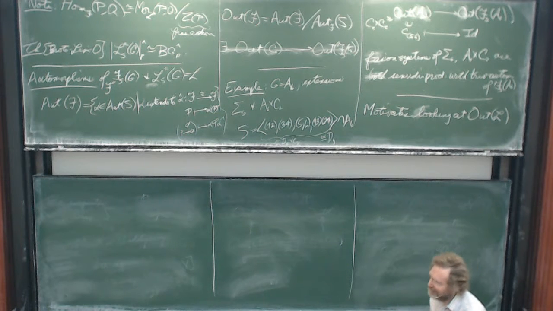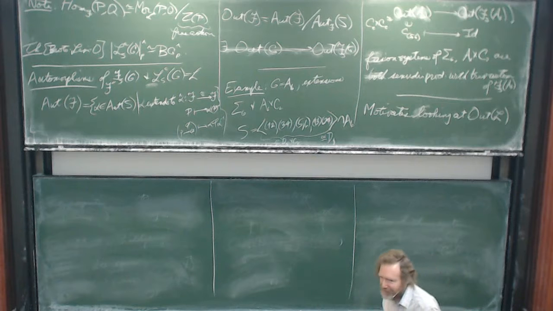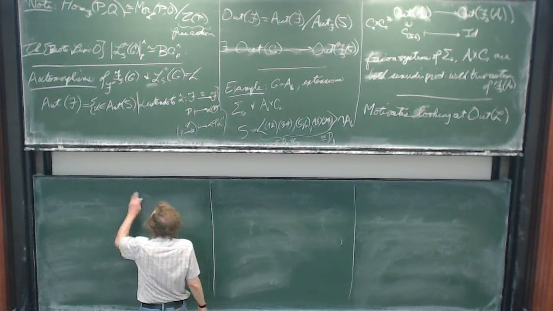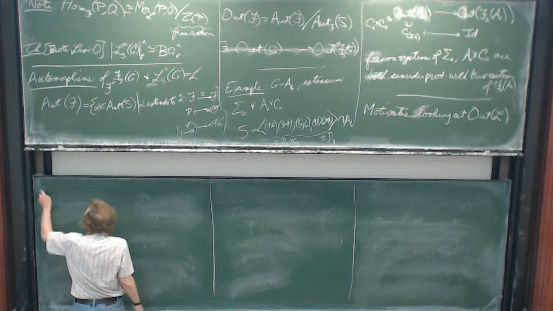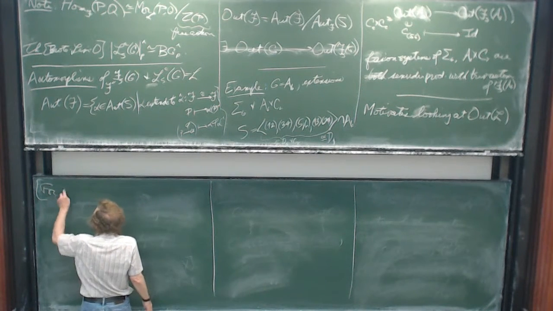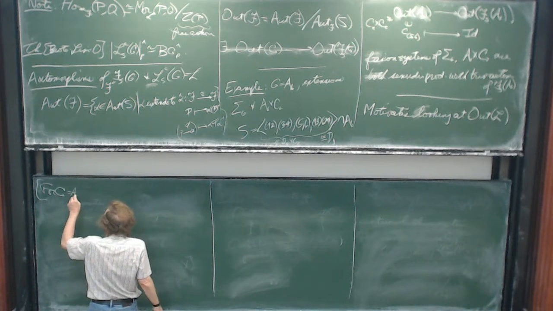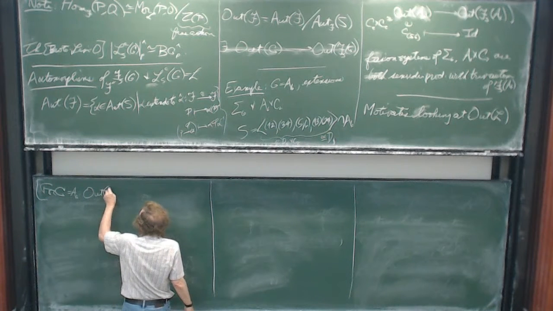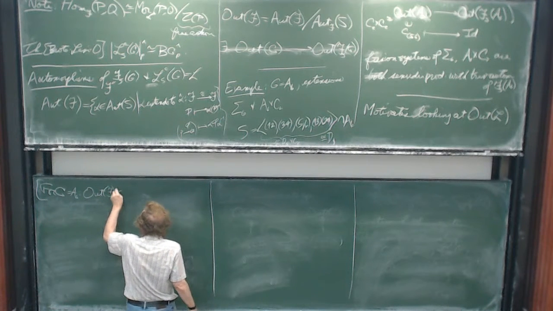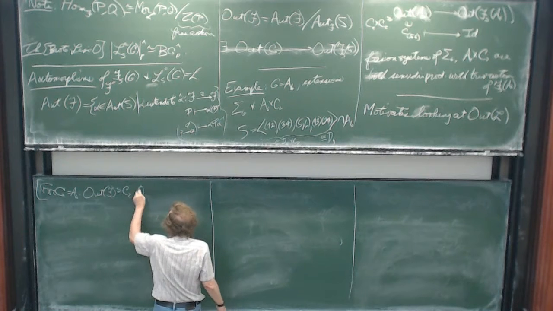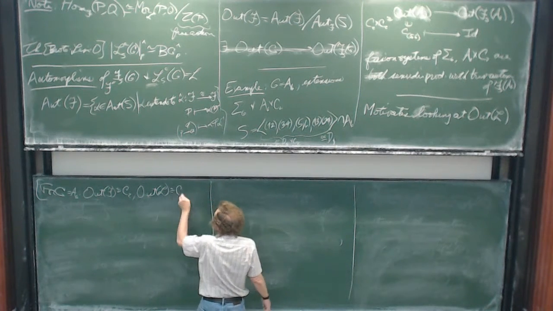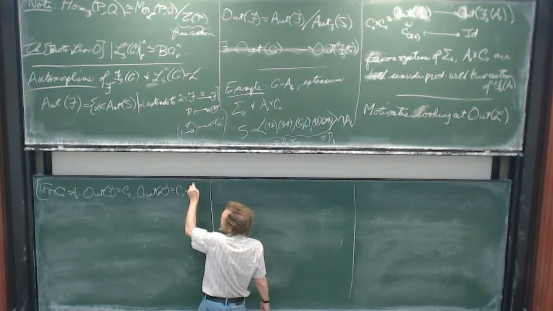I'm not sure I can answer that standing here. I mean, I can talk with you afterwards, but let me just say that for G equal A6, Out(F) has order 2, and Out(L) has order 4.